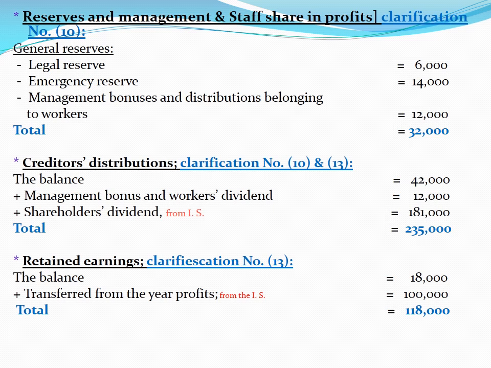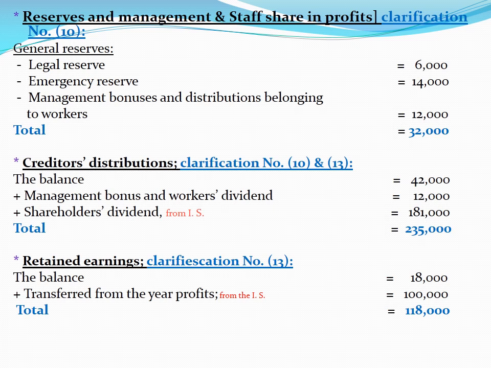Why? Because the result of the income statement, if you look at the income statement in your book, you will find that I have an income of the year, then I deducted the taxes provision 78, clarification number 12, we got net profit 313, we added reserve and share of management staff, it gave me distributed profits 281, then retained earnings at beginning, retained earnings at end 100, so the remaining distribution to shareholders 181.